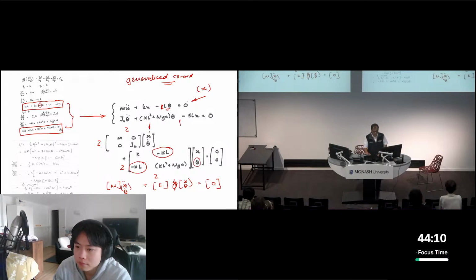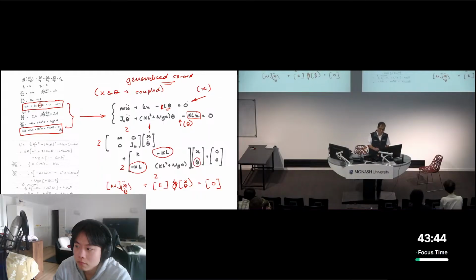And even though I was only considering theta, anything that's happening in the x direction will also contribute, which means that the whole system, in this case x and theta, they are coupled. You can't separate them. One will affect the other, which means that if you want to solve this equation, it's not going to be trivial.